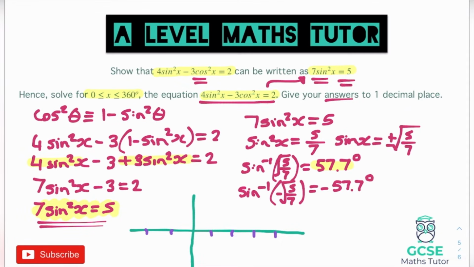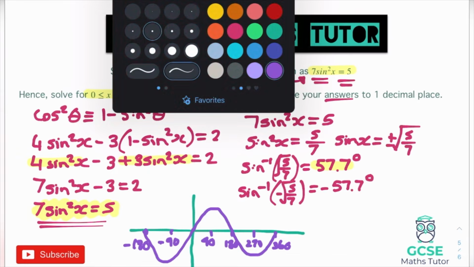It's just a little sketch so we can visualize it. So we label on our points, the negative and the positive side, 90, 180, 270 and 360, and then we'll have negative 90 and also negative 180.